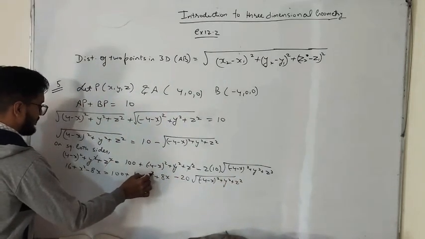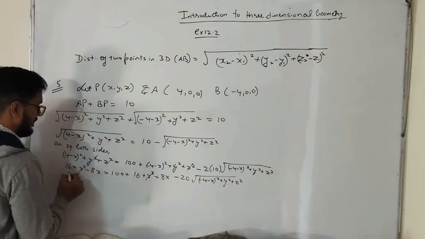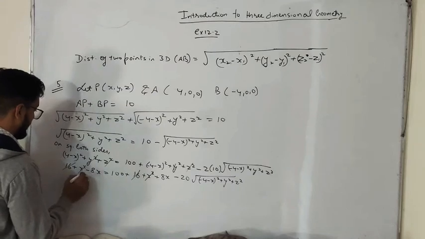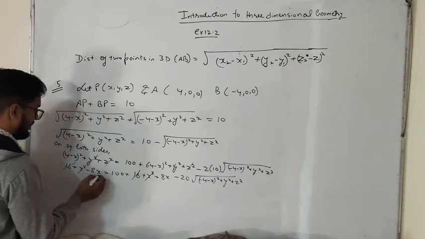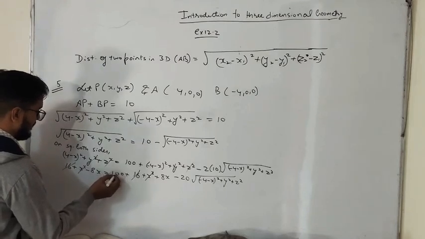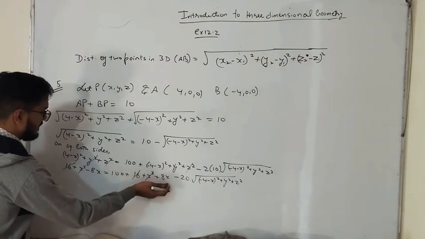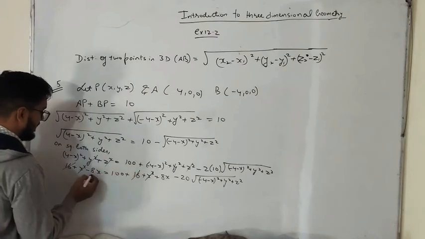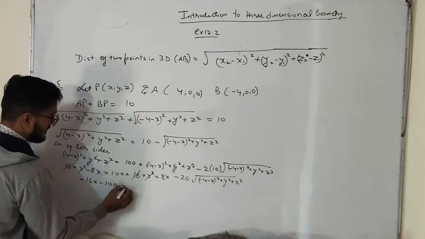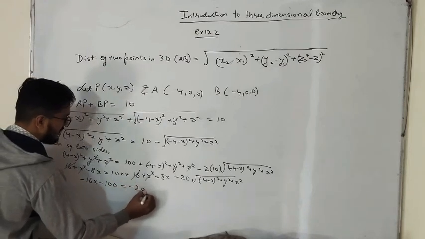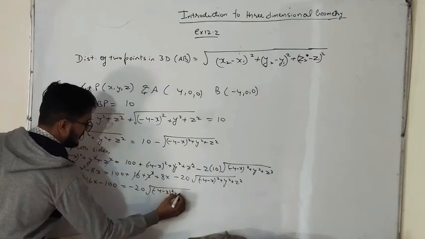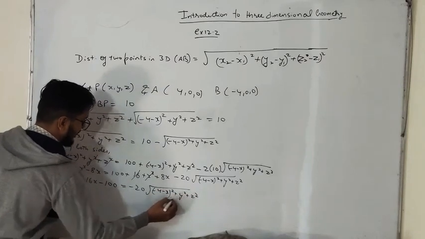So from here x square to x square cancel, 16 to 16 also cancel. So what do we have? Nothing is left here now. So 8x, okay, taking this 8x here, minus 8x minus 8x is minus 16x, minus 100 is equal to minus 20 root of minus 4 minus x whole square plus y square plus z square, right?